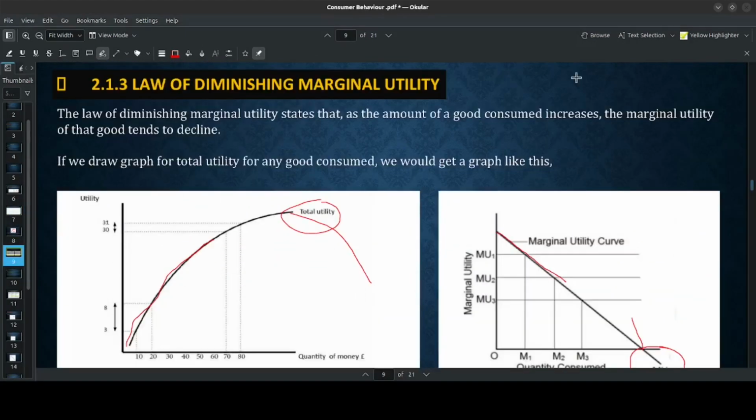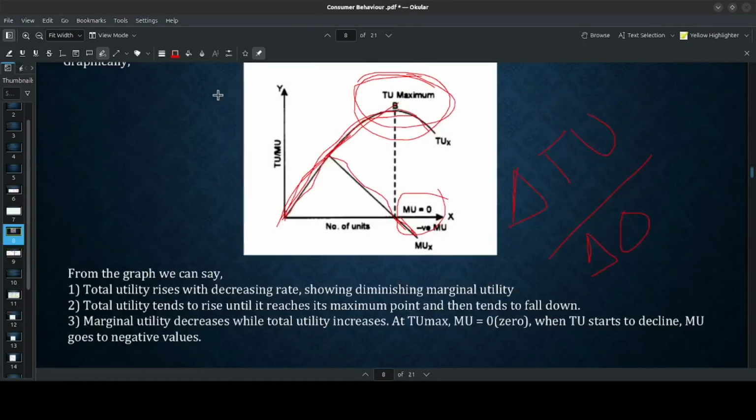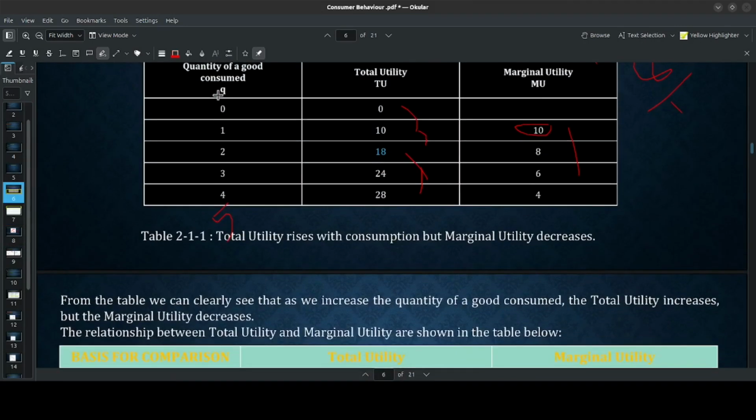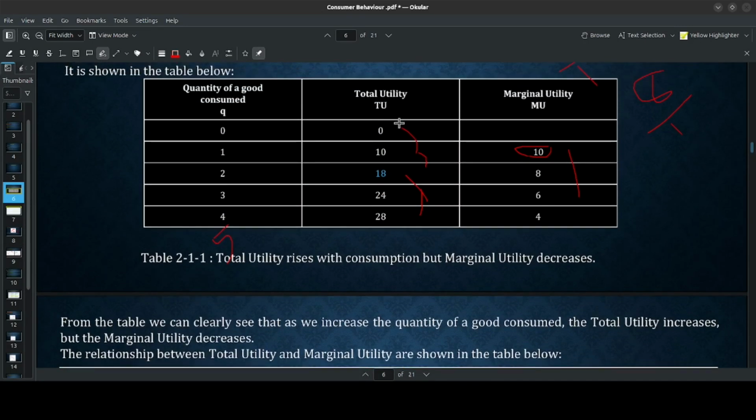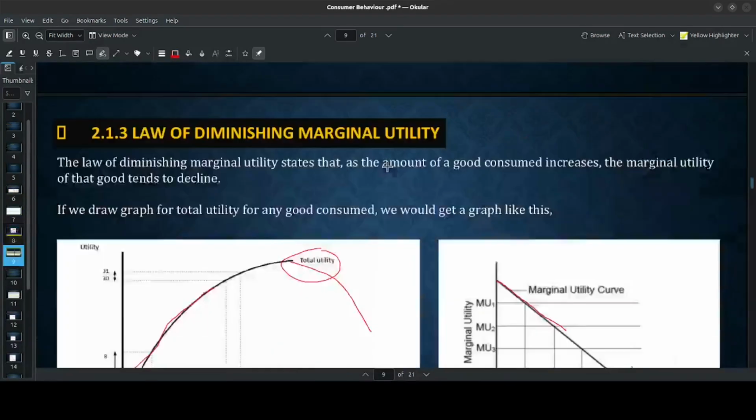Now we will learn our last topic, the law of diminishing marginal utility. If you observe our previous chart, the first difference is 10 minus 0, 10, the second difference is 18 minus 10, 8, the third difference is 24 minus 18, 6, the fourth difference is 4.